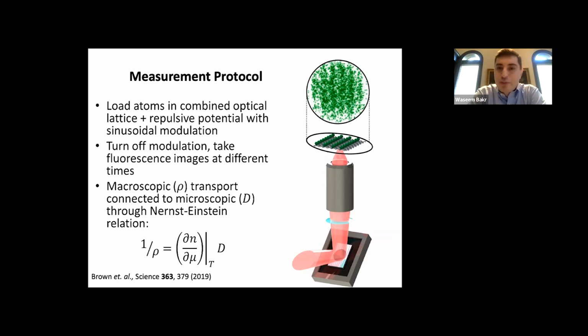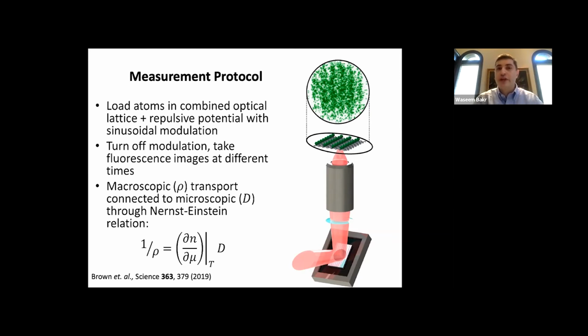And then on top of that, we're going to add an extra sinusoidal modulation. So that's what you're seeing here. There's this sinusoidal modulation that basically prepares the atoms in the stripe pattern that you see here. You see this one-dimensional stripe. That's our initial pattern. And then what we're going to do is we're going to suddenly switch off this sinusoidal preparation potential and let the atoms diffuse in the lattice.